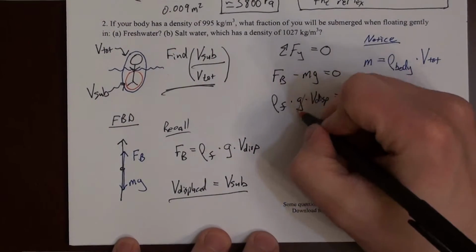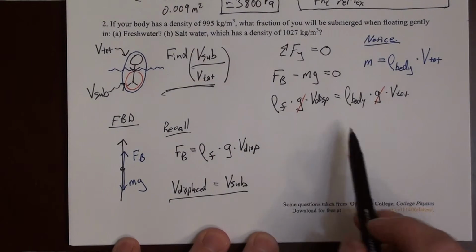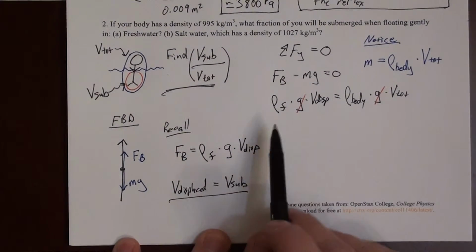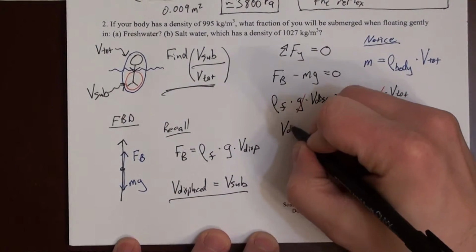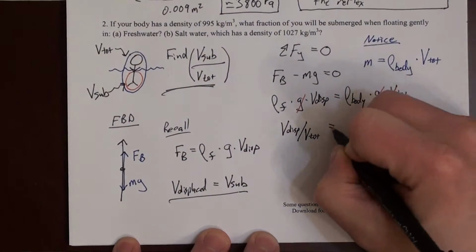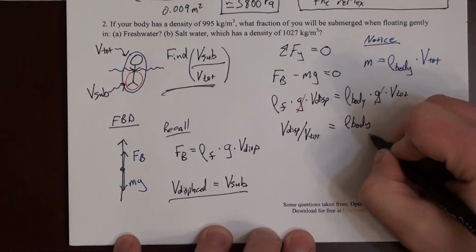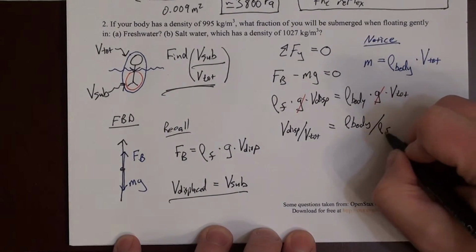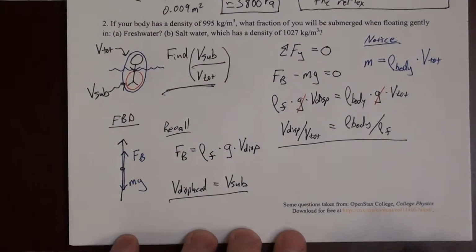The g's divide out, and it looks like the fraction I'm looking for can be obtained just by dividing V total to this side and rho fluid to that side. So V displaced divided by V total equals rho body divided by rho fluid. Now I'm ready to plug in some numbers.